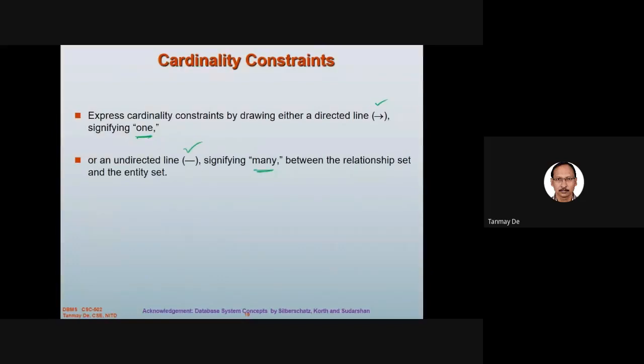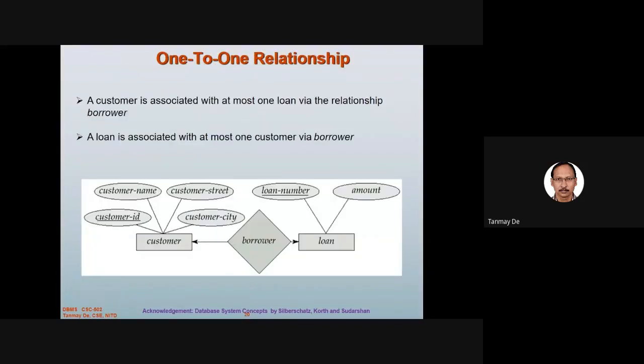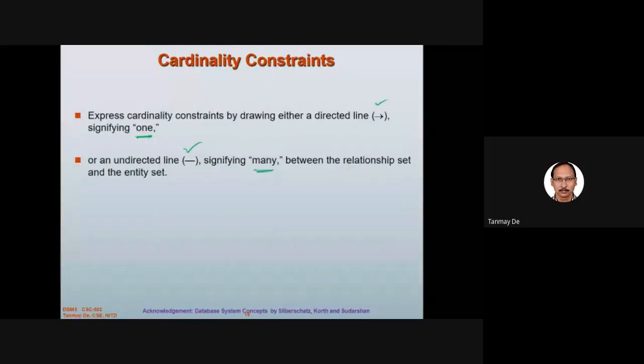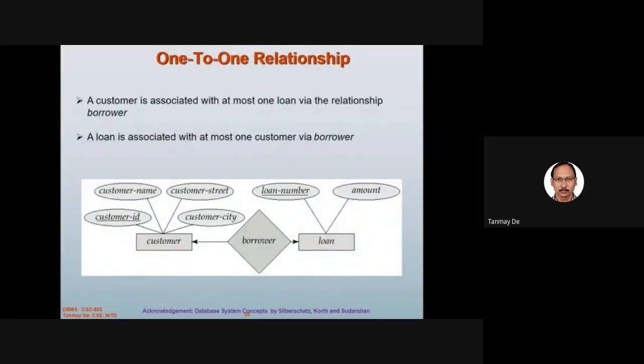So here is the example of a 1-to-1 relationship. You can see here the customer is associated. You can see here there is an arrow, a directed edge, a directed link.